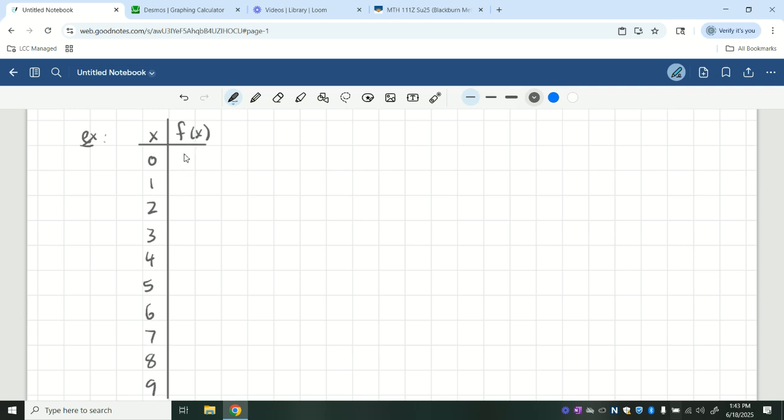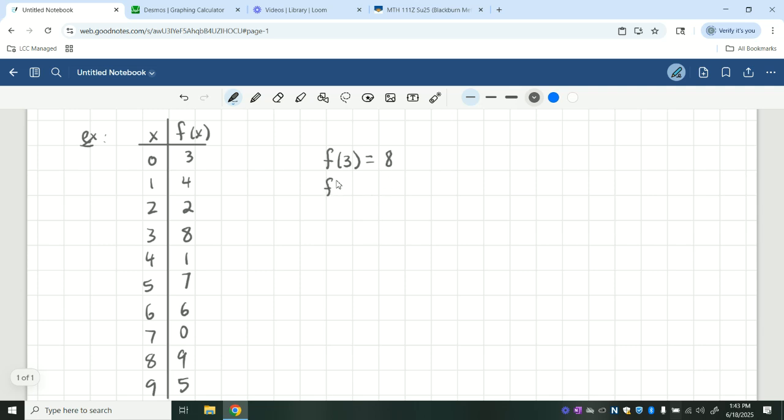And I have f of x equals 3, 4, 2, 8, 1, 7, 6, 0, 9, 5. I asked you some questions on this. What if I ask you, what does f of 3 equal? So you go down here to x equals 3, track over, f of 3 equals 8.